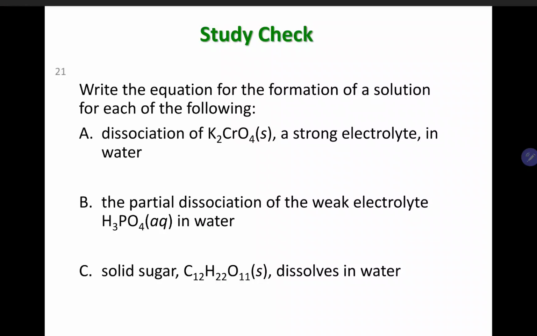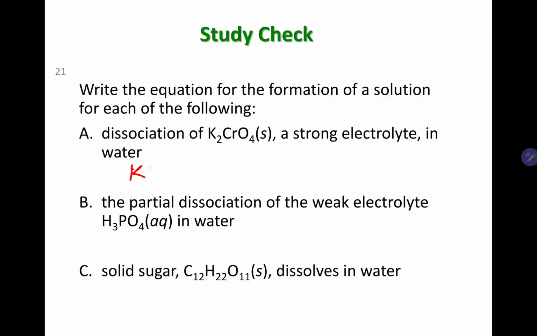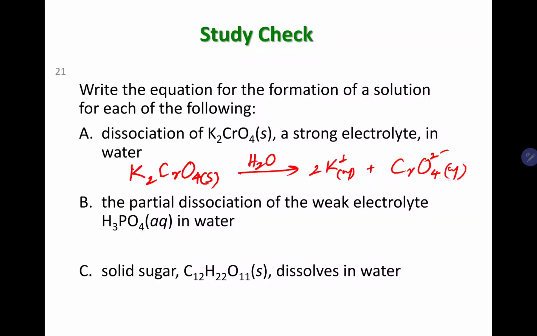Also potassium ion really likes to be in water. So that is why this will go into water easily. If you add water into this one, you will get 2 potassium ions, and then you will get 1 chromate ion. This is the equation.